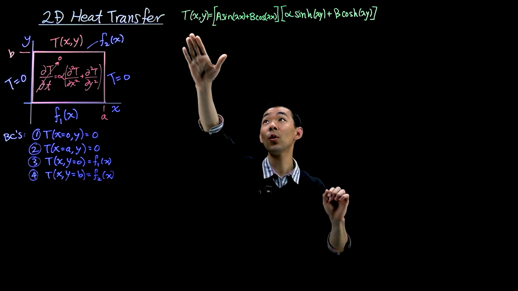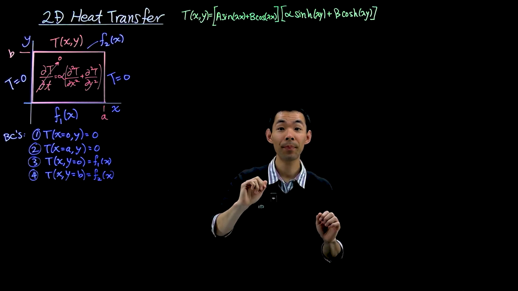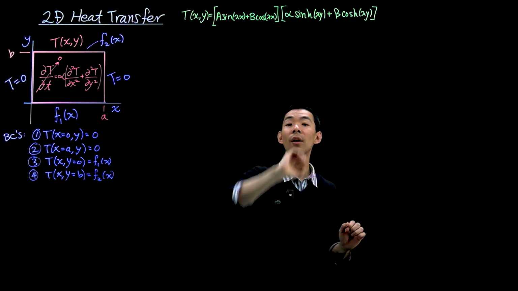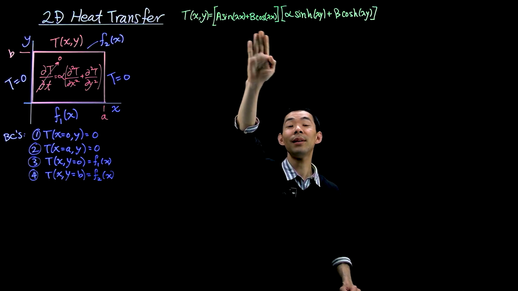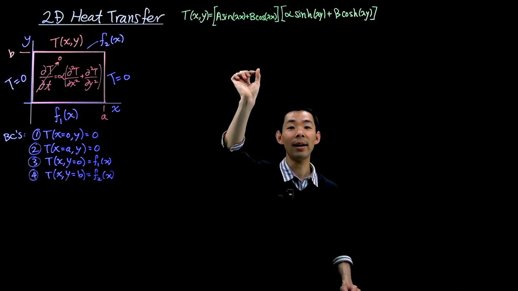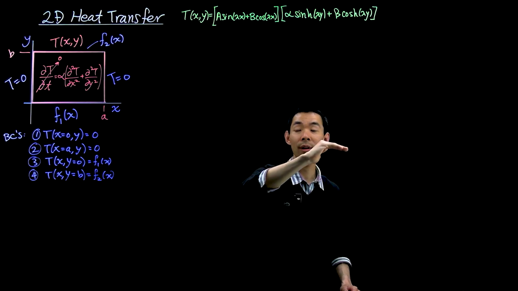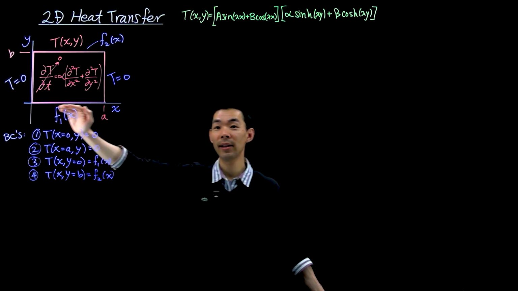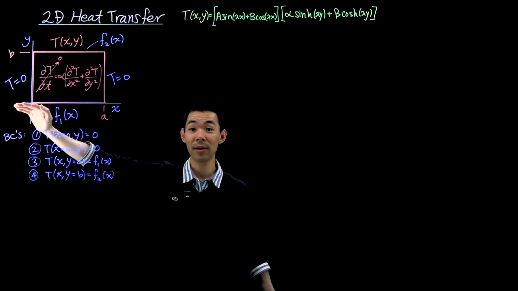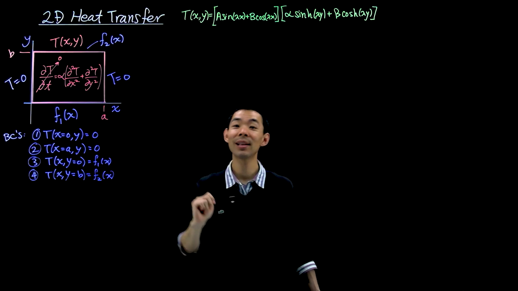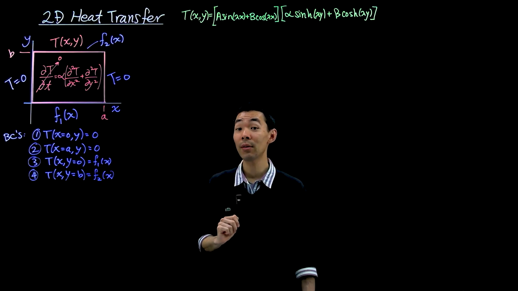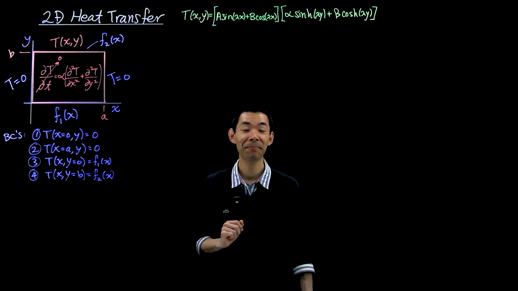Okay? So the full temperature profile, as of now, is a product of the solutions of 2 separate ODEs: a sine, b sine, lambda x, along the x direction. So we have sines and cosines along the x direction, which happens to be the direction where we have homogeneous 0 boundary conditions, or Dirichlet boundary conditions.